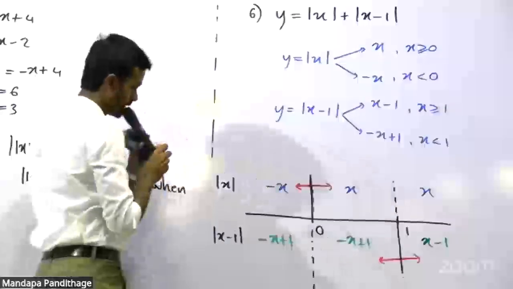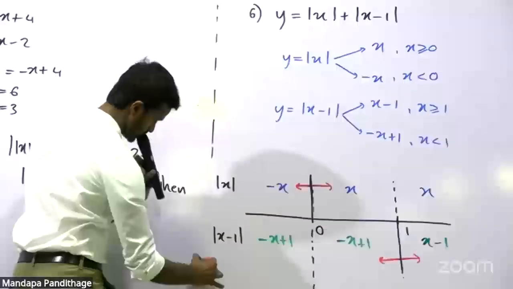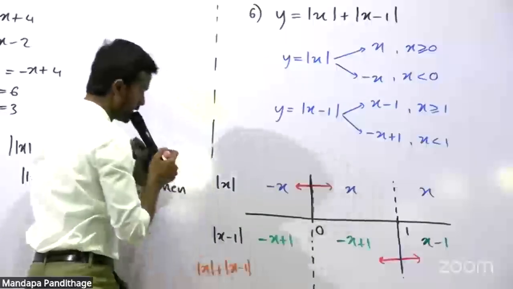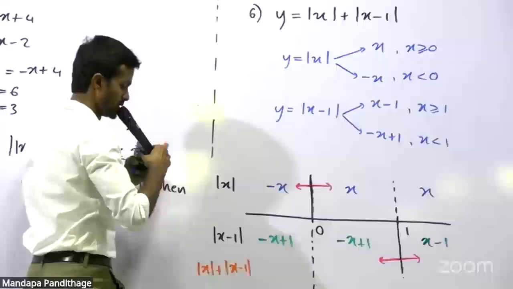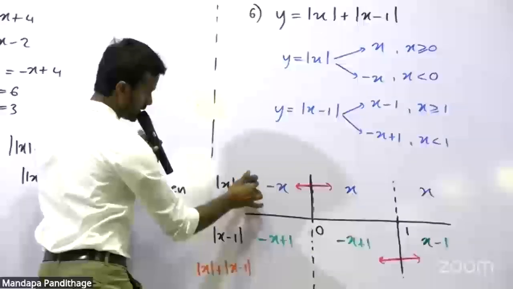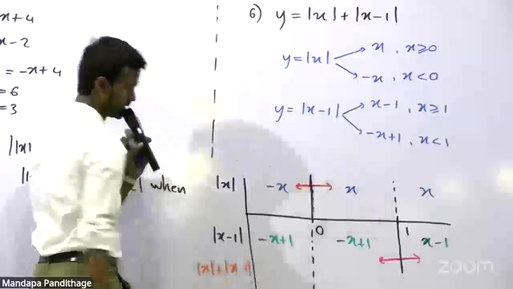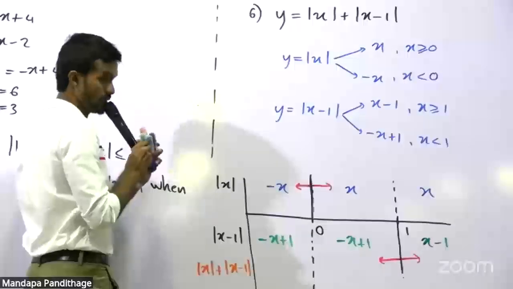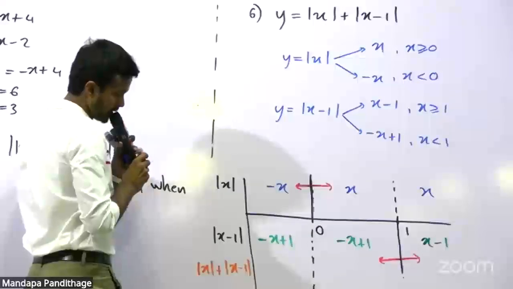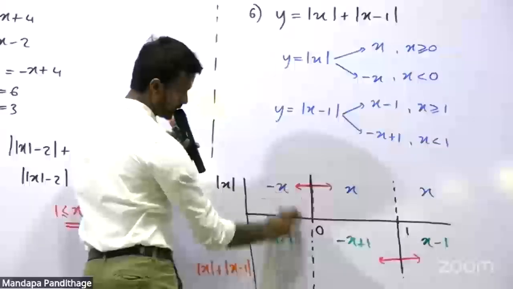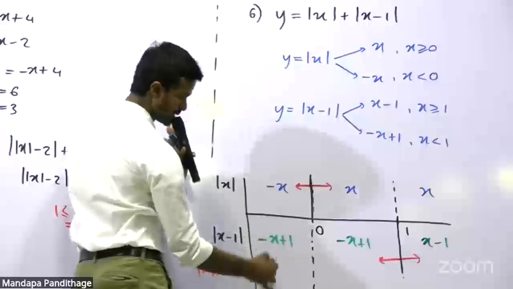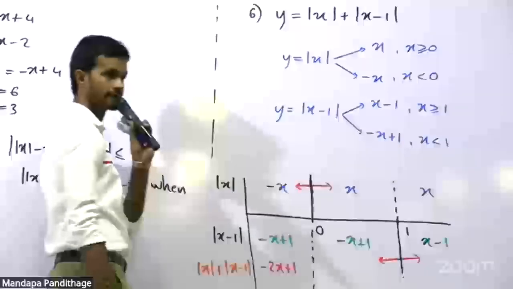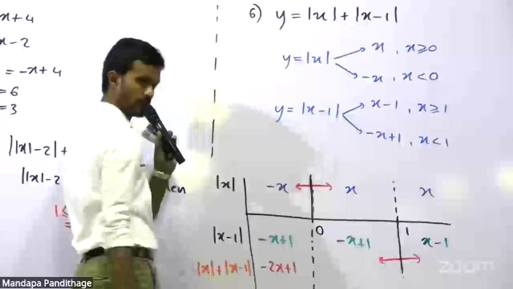Now I'm going to add these two, modulus x plus modulus x minus 1, in the given ranges. When you add these two in this region, minus x and minus x plus 1, you get minus 2x plus 1.